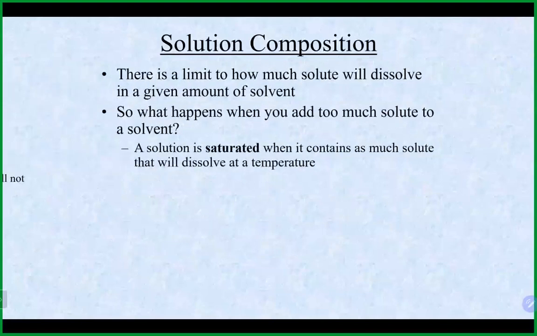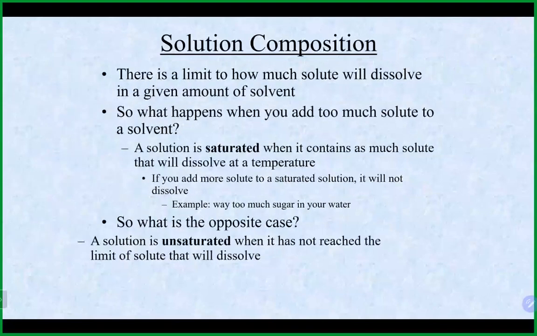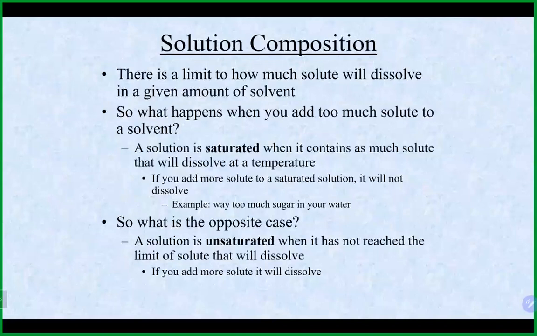So let's talk a little bit about solution concentration. There are a few different ways that we could classify solutions. One is a situation where we have too much solute dissolved in a solvent. There is a point, which is referred to as the saturation point, where at a particular temperature, that's as much solid as you're going to get to dissolve in that solvent.